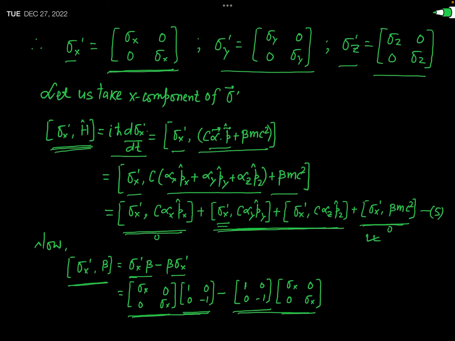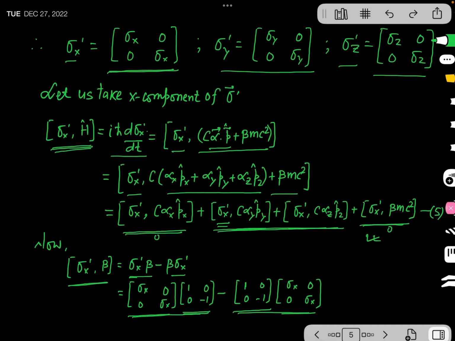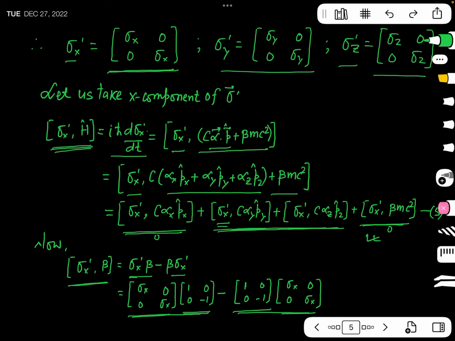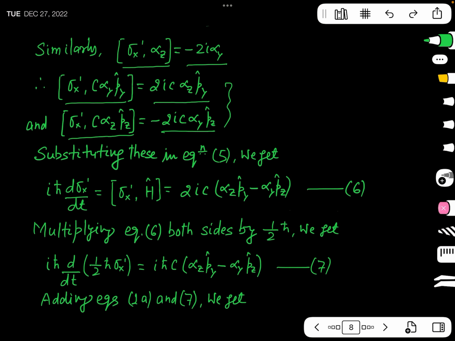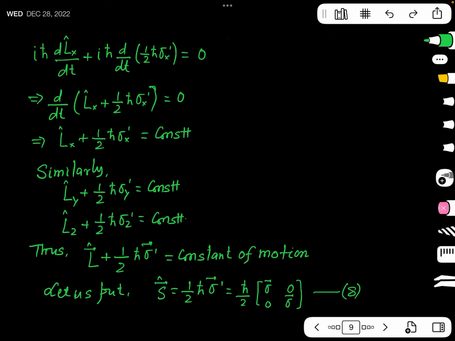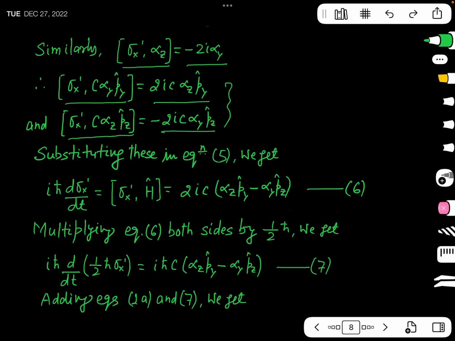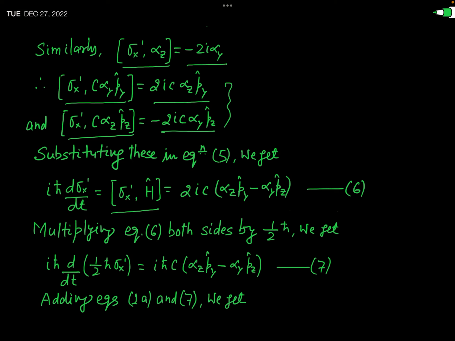And after substituting these values of commutators, what will be your result? You can easily say. You will get the commutator of sigma x dashed and the Hamiltonian h hat. So this will be the commutator of sigma x dashed and h hat, which is equal to i h bar d sigma x dashed by dt.